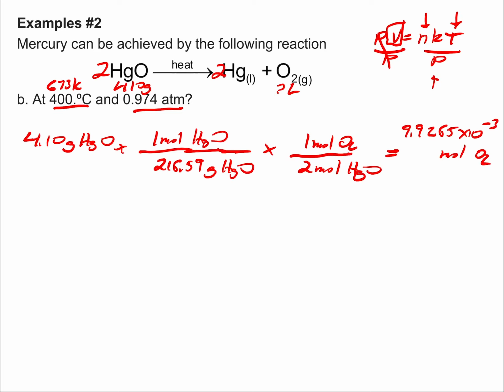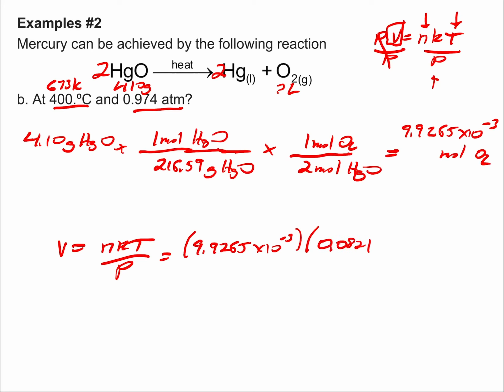Okay, now that I have my moles of O2, I have my n over here. I have R, I have temperature, which is 673 Kelvin, and I have pressure. So now I'm going to use this expression, volume equals nRT over P. My moles is 9.9265 times 10 to the minus 3. My R is the gas constant, 0.0821.